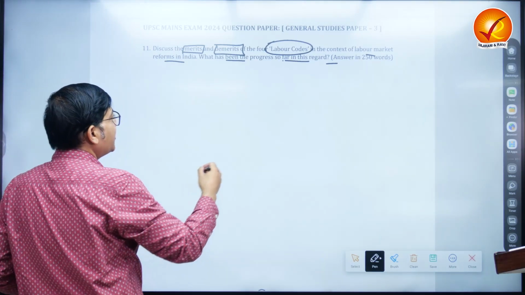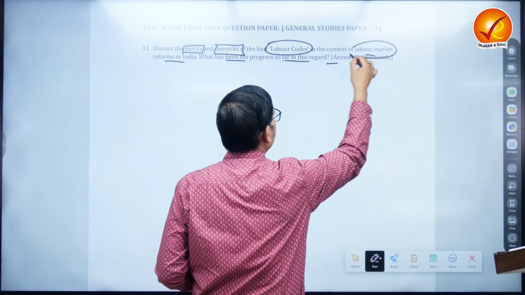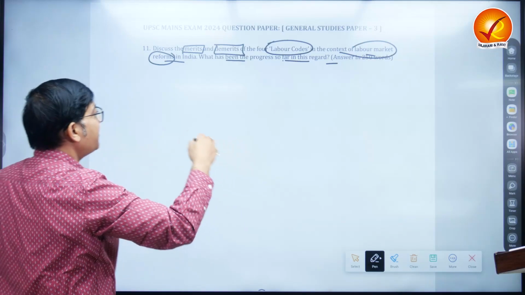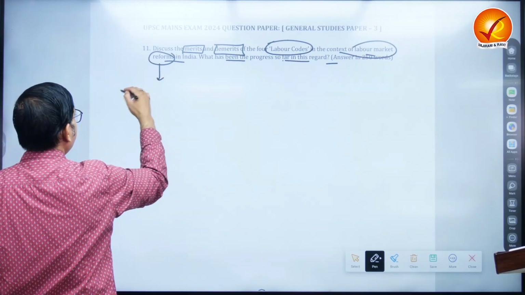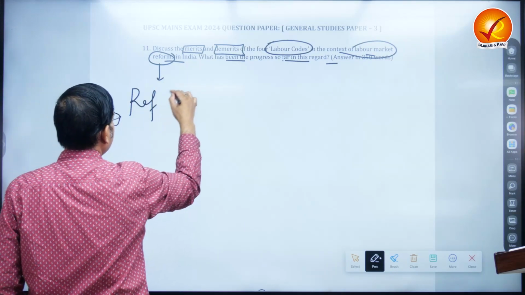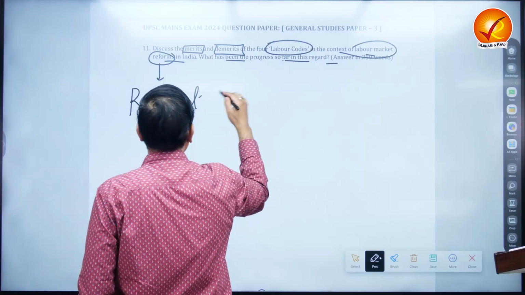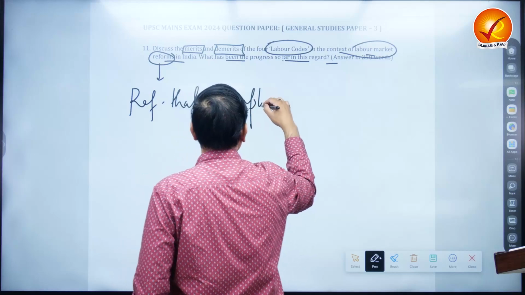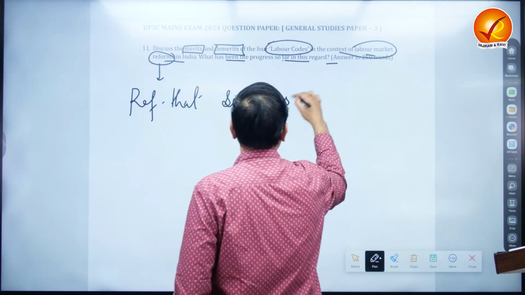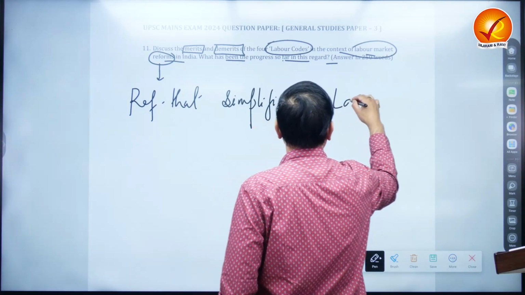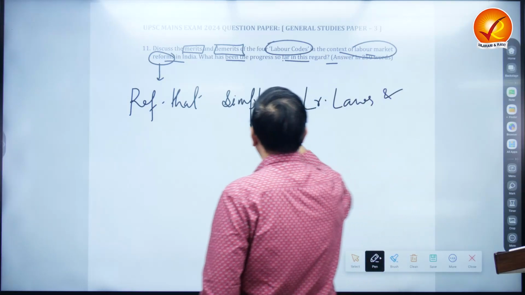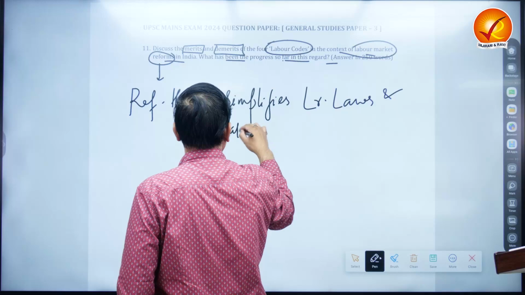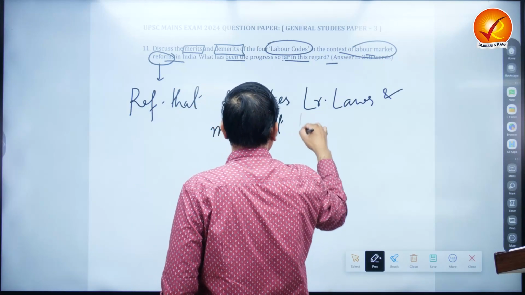I would say a good way to start the answer would be to explain what is labor market reforms. Labor market reforms refer to the reforms that simplify the labor laws and make them less numerous.